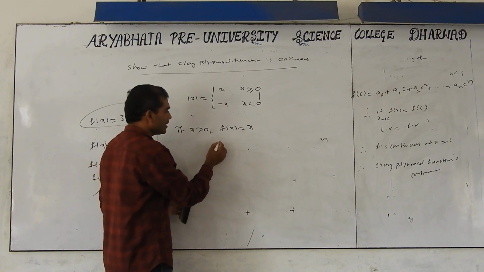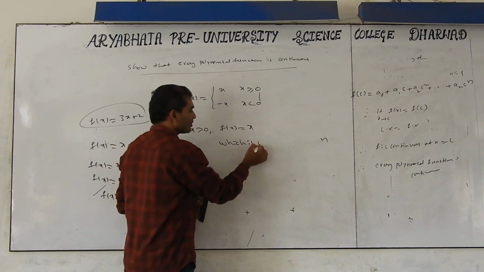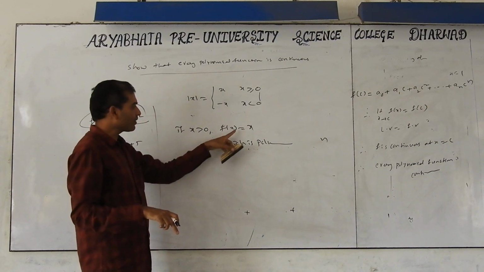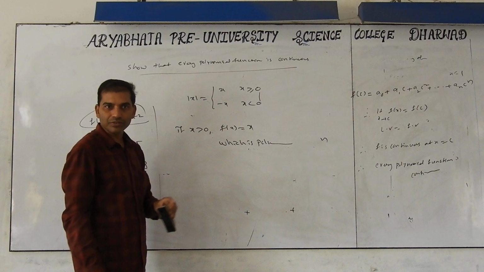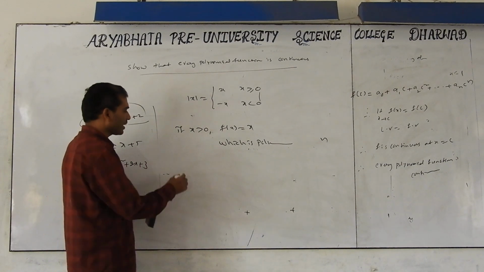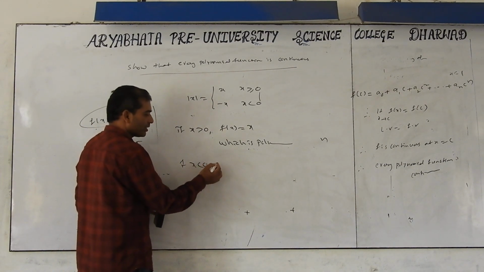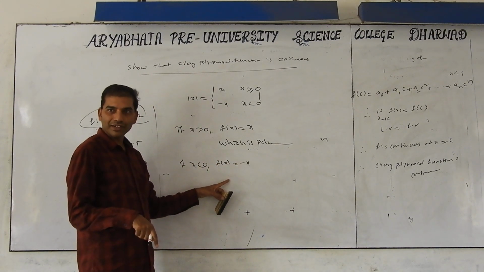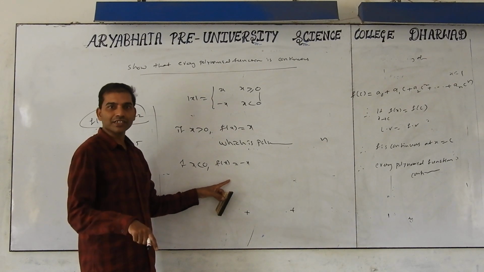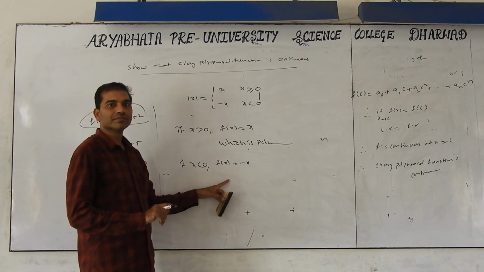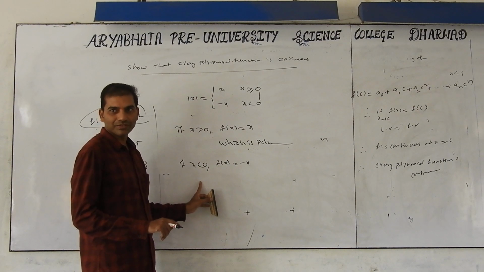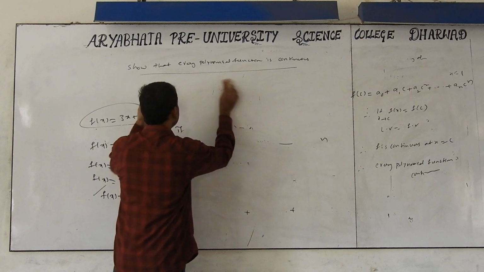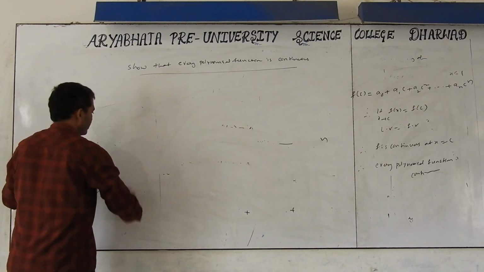Polynomial. Therefore every polynomial function is continuous, so mod x is continuous for all x not equal to 0. Like this, if x is less than 0, f of x is equal to minus x, which is also polynomial. So every polynomial function is continuous. Therefore mod x is continuous for all x not equal to 0. Understood? So we can consider this a standard point.